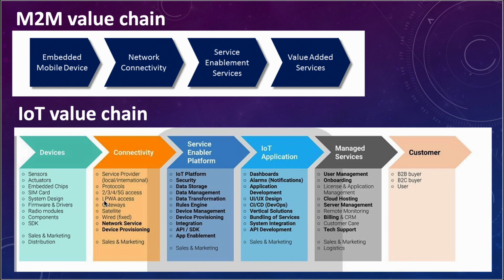So here, if we are talking about local service providers, local and international, we have two topics, because some of the companies are multinational. Multinational companies would need large scale network connectivity, right?